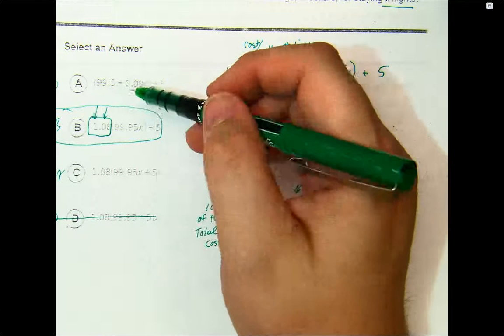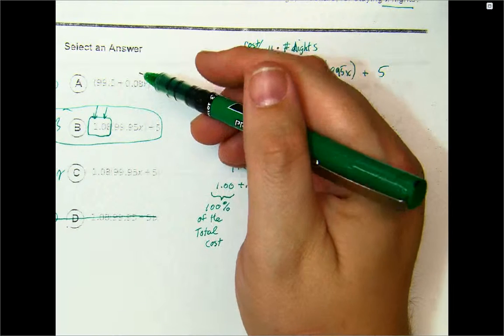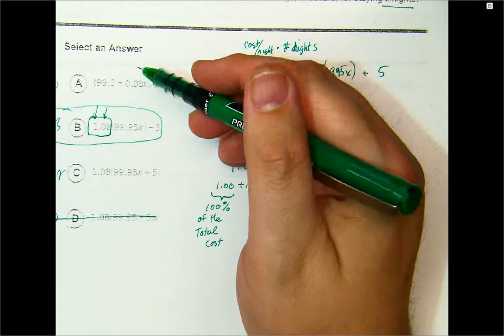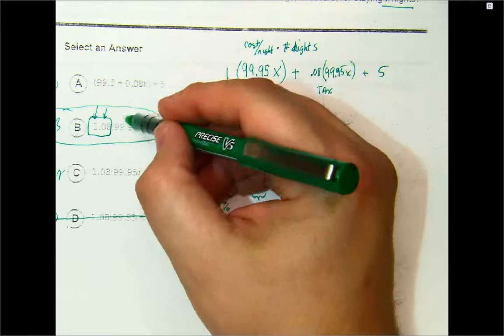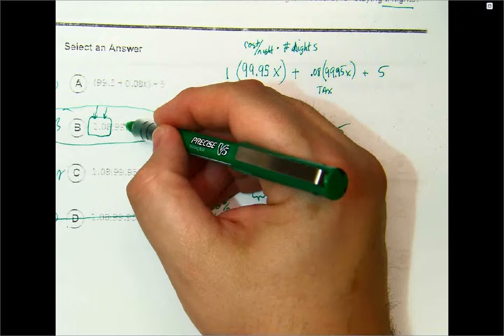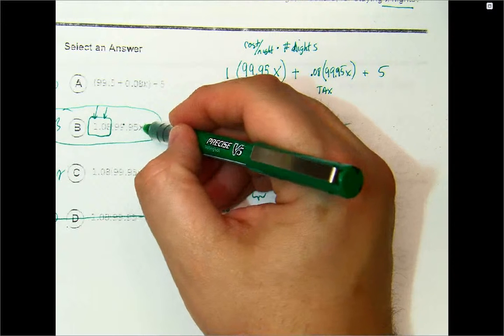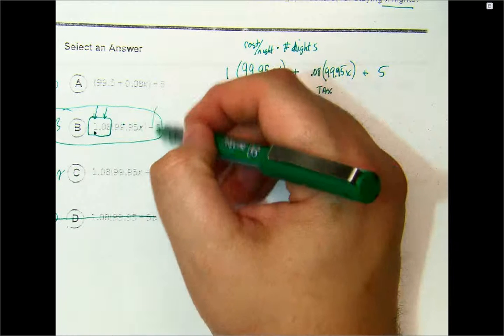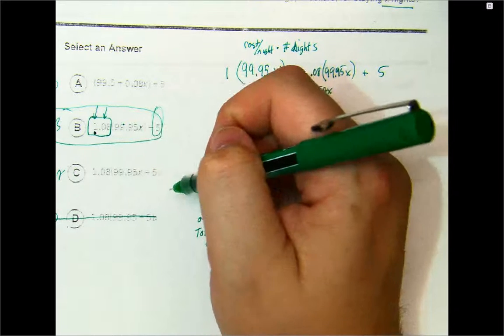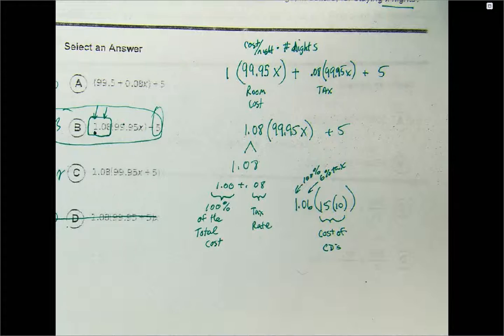Does that make sense? No, that doesn't make any sense at all. This one says cost per night times the number of nights. The 1.08 is going to be the total with tax, and then there's that $5 extra fee. That's probably for using the ice machine. I don't know if it's using the ice machine.